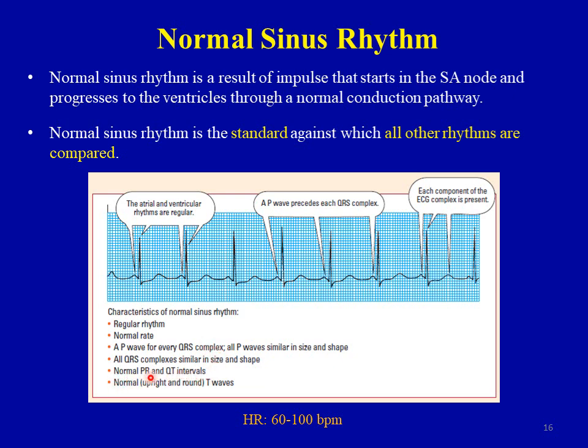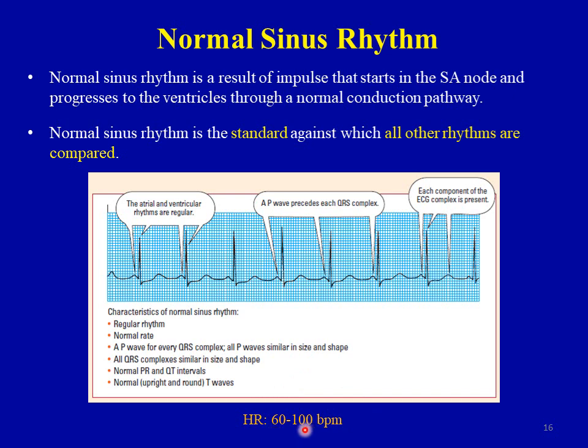Another feature is normal PR and QT intervals. And finally, we should have normal T waves. A normal T wave is a T wave that is upright and round. It should not be inverted. So these are the key characteristics of a normal sinus rhythm, and as I said, the rate should be between 60 and 100 beats per minute.